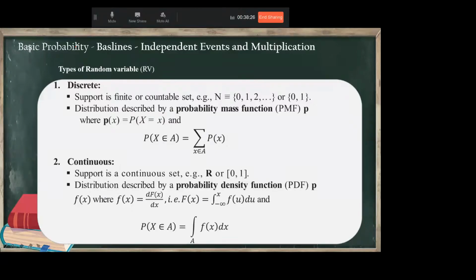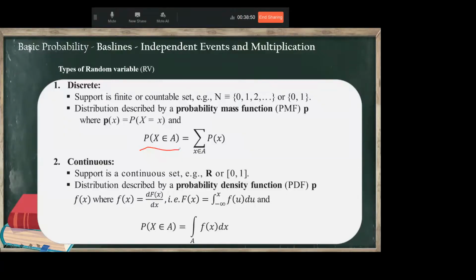To make it a mathematical function, we can give it as probability of X belongs to A, which is an event, where A belongs to the sample space. Now remember, the sum of probabilities within a given set is always equal to 1, right?